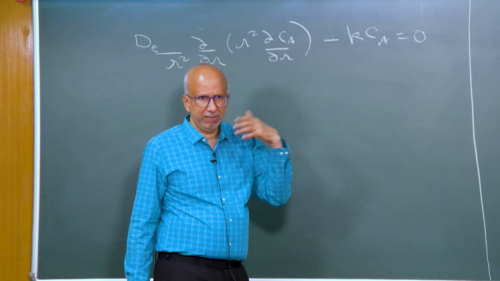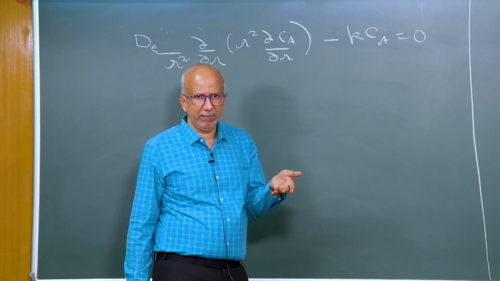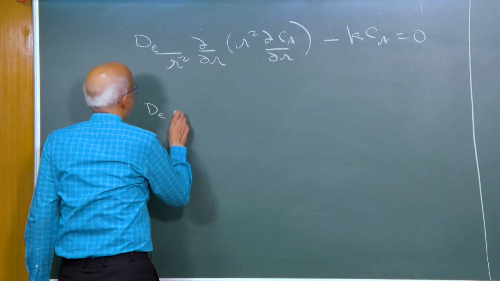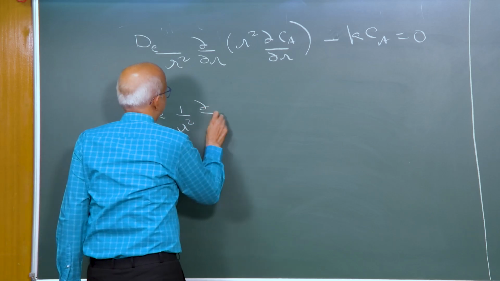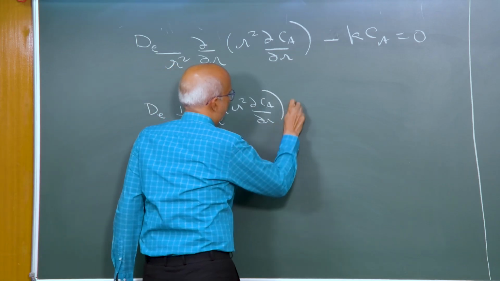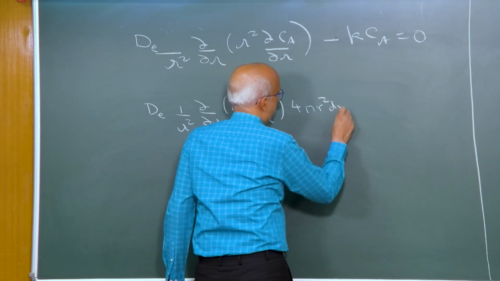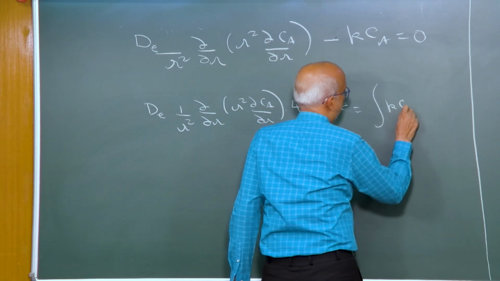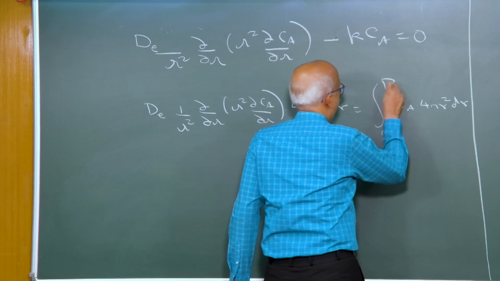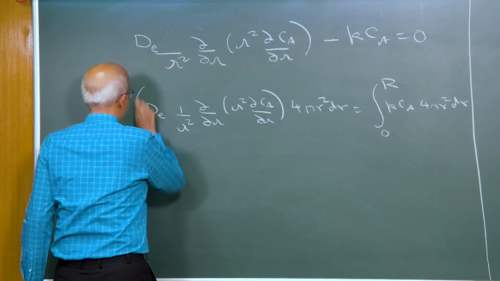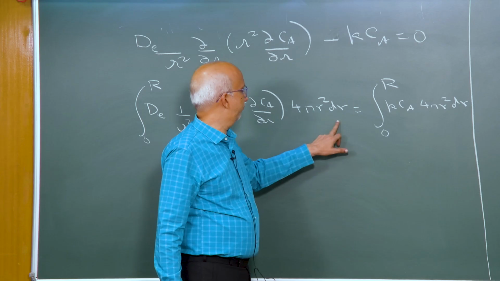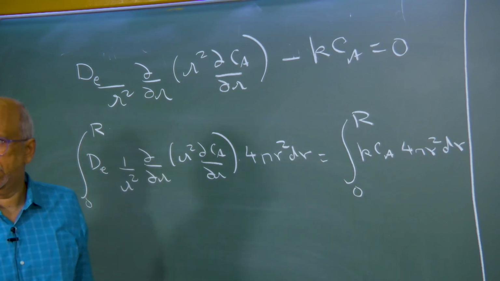So, I am going to multiply this by the volume element, which is 4 pi r square dr, and then do this integration, which basically gives me, and I am integrating this in the limits from 0 to R. So, I multiplied both the terms by this volume element 4 pi r square dr, and I am just integrating it from 0 to capital R.